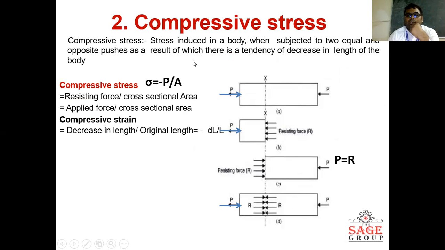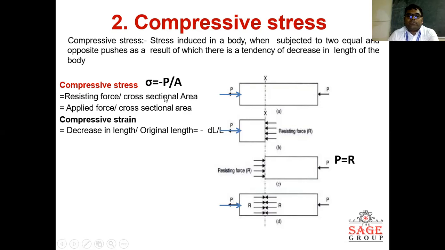Okay, so let's understand the second one, compressive. In the same fashion, the applied load is compressive in nature, so the direction is changed. If you combine both, you can understand that P and R are equal when it is in equilibrium.